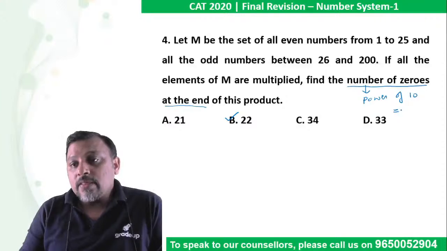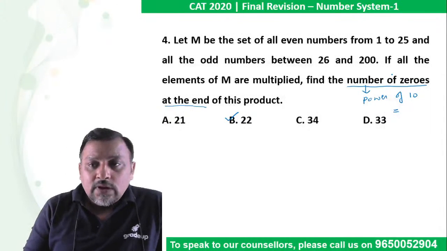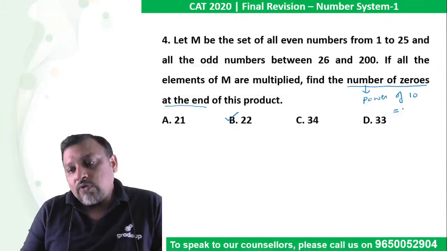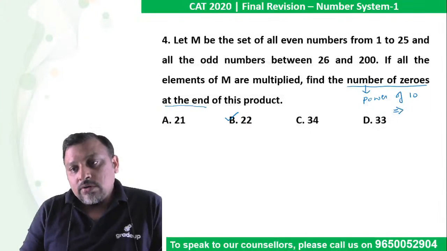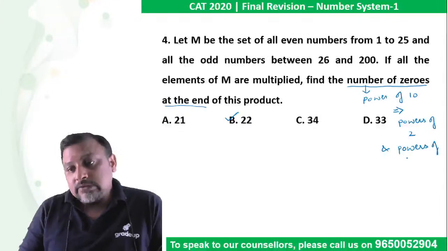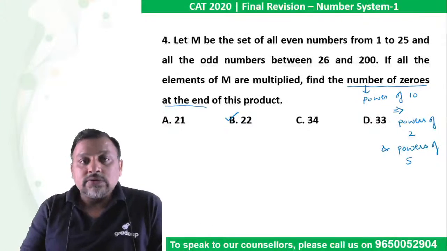So I need to find the power of 10. That means I need to find the powers of 2 and 5 both, and the smaller of the two would be the answer. I need to find these two values.